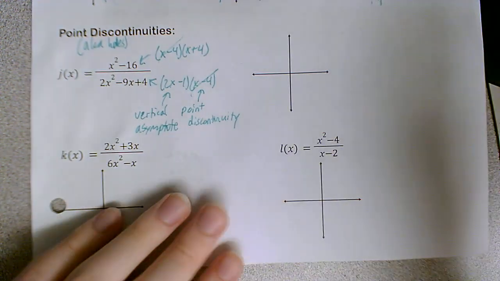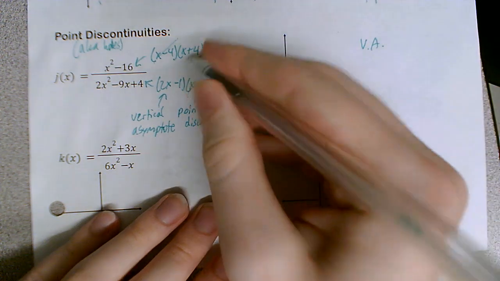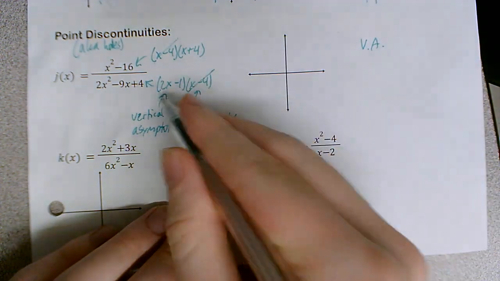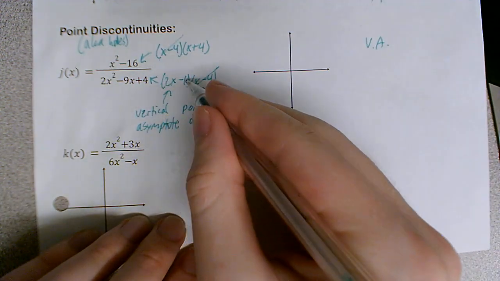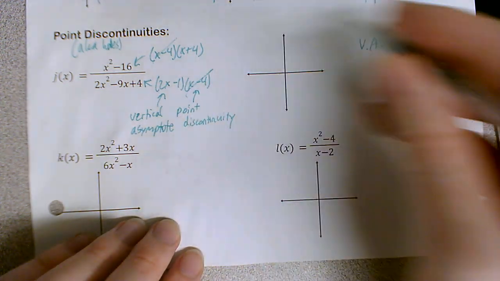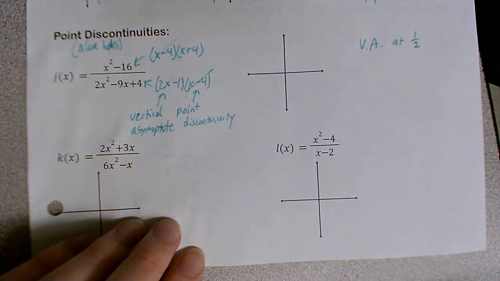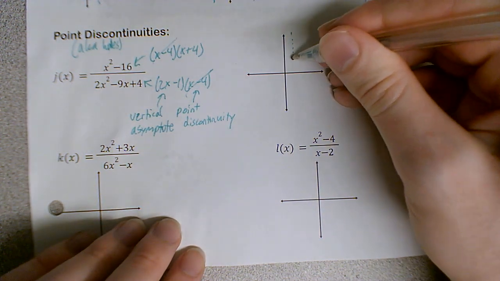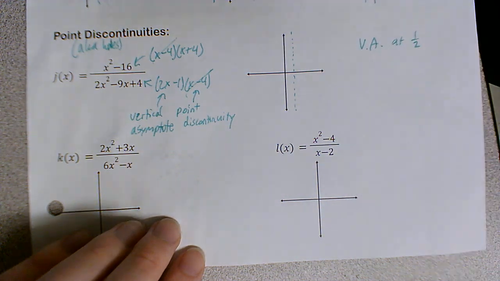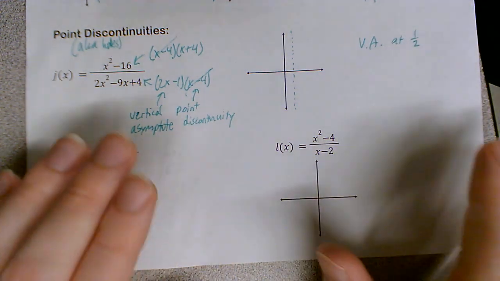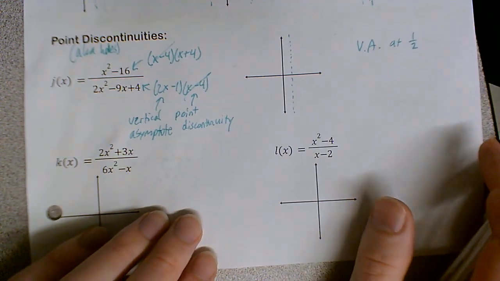So the vertical asymptote is where the denominator equals 0 uncancelled. So 2x minus 1 equals 0. That's going to be at positive 1/2.